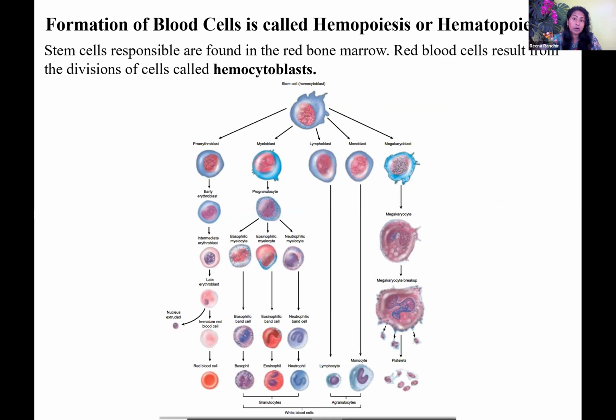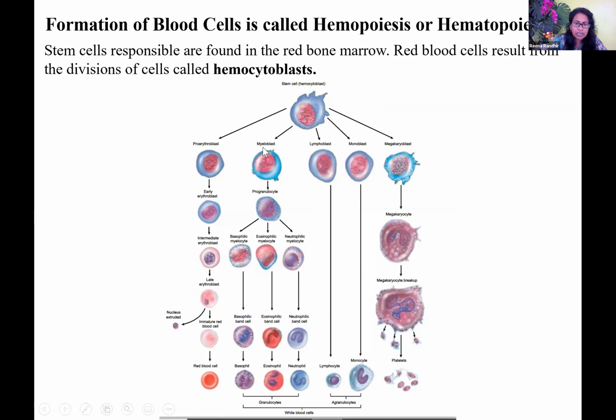The stem cell here is the hemocytoblast. Hemo means iron-containing group, heme, iron; cyto, cell; blast means to actually make. So the hemocytoblast is the mother cell or the stem cell. Depending on the stimulus it gets, it can differentiate into a pro-erythroblast, and that goes through a series of differentiations to form red blood cells.